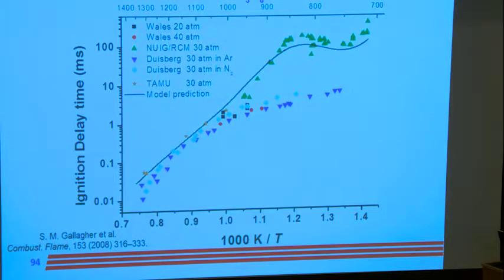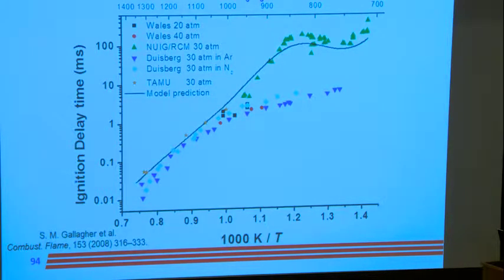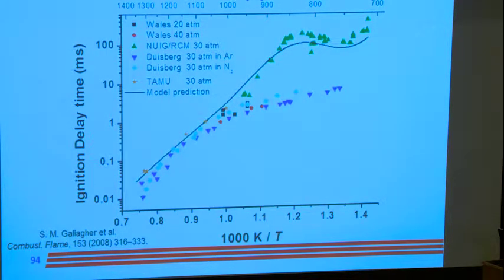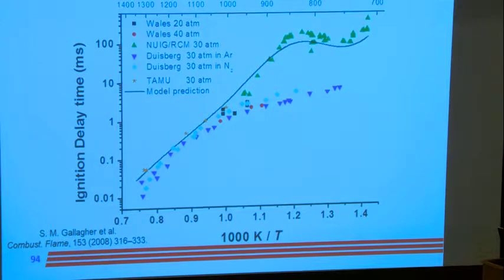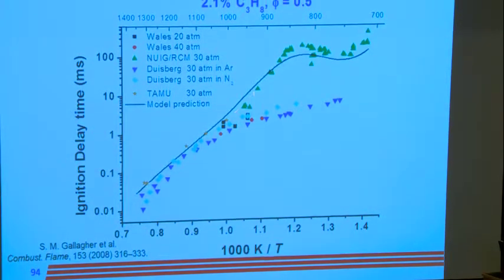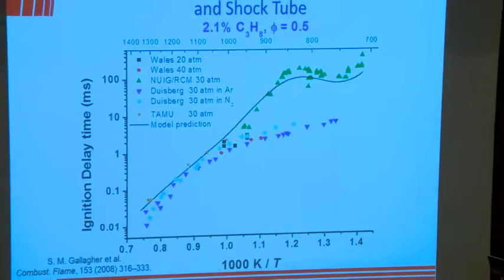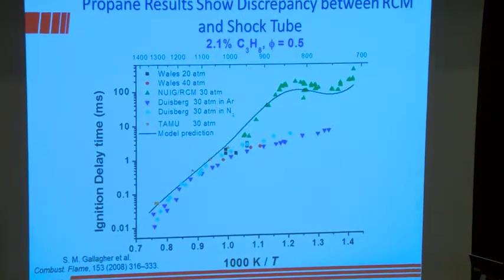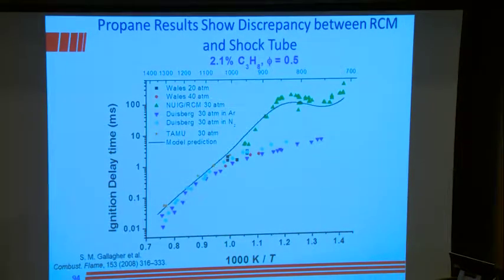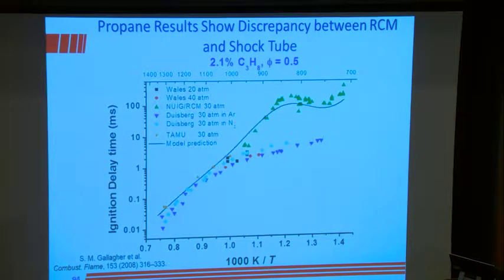Also, as I said, you need to be careful about everything. And this line is the model simulation of the data. Now, as I said, what we do nowadays is we show 2 different lines if we're using a constant volume simulation, which we do for the shock tube, and if we include the facility effect in the RCM.